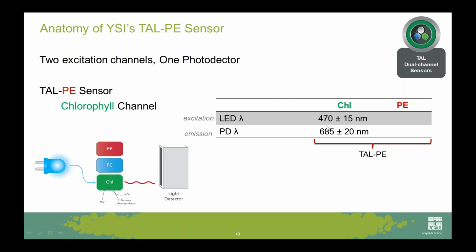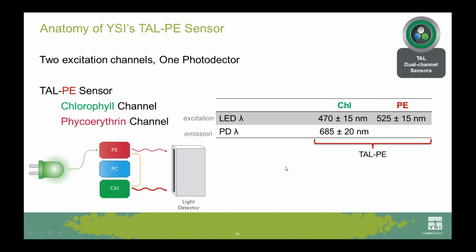So the chlorophyll channel works exactly as we just discussed, but the phycoerythrin pigment is excited by a green light at about 525 nanometers, again with a very tight bandwidth of 15 nanometers. That energy gets transferred to chlorophyll, and that is the emission that we are picking up with this sensor, just like we did with the total algae PC sensor.